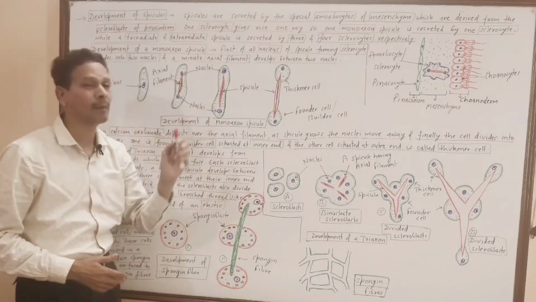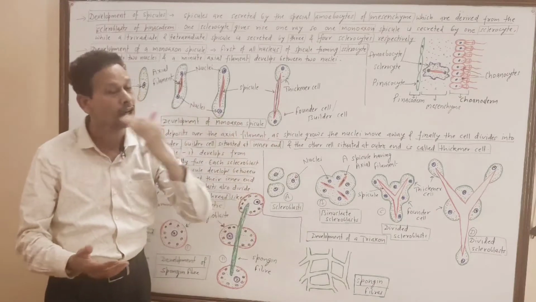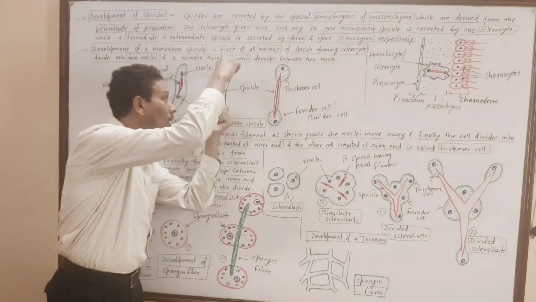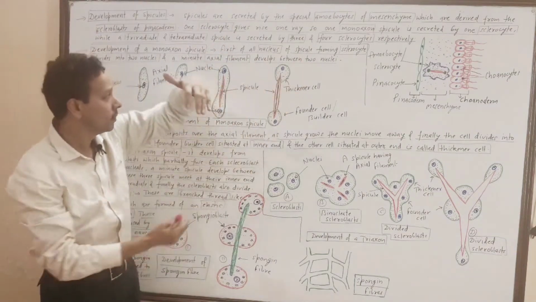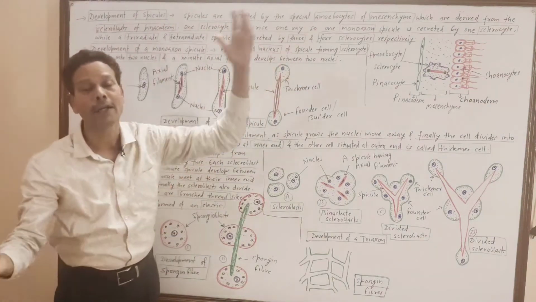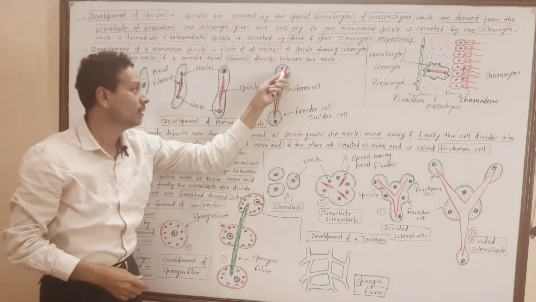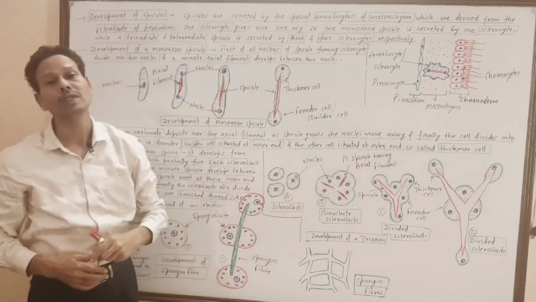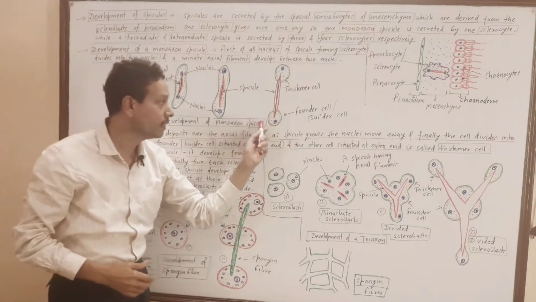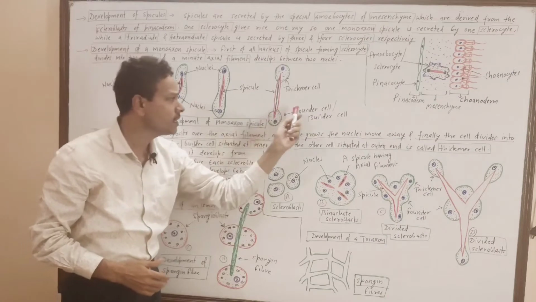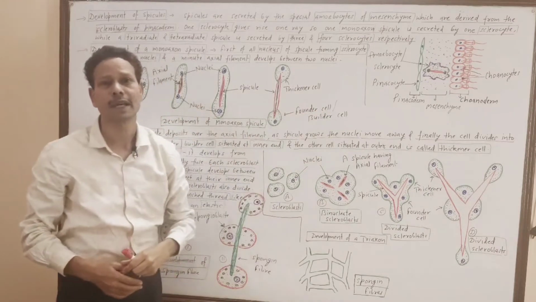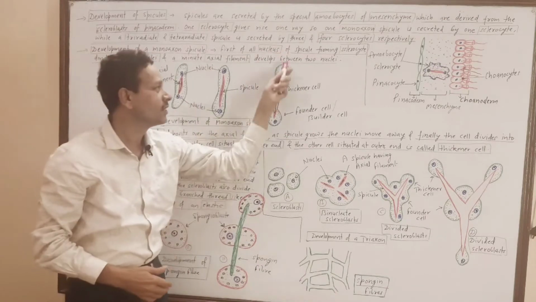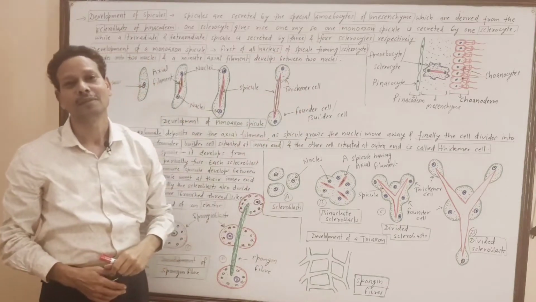Over this axial filament, deposition of calcium carbonate takes place. As the spicule elongates, both nuclei move apart. Finally, the scleroblast also divides into two cells. The inner cell is named founder cell or builder cell, and the cell at the outer end is the thickener cell.